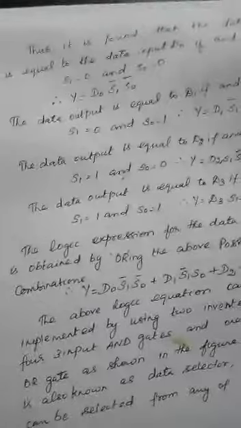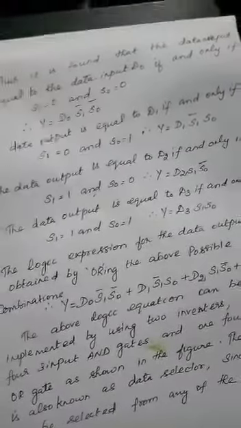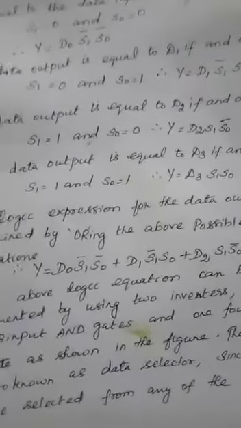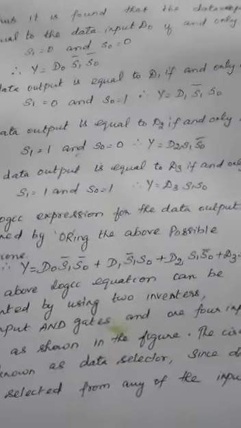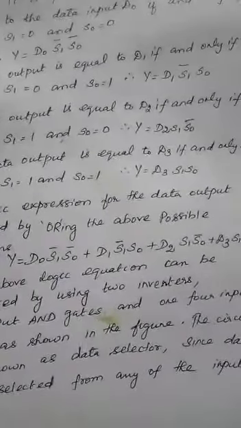The logic expression for the data output is obtained by using OR gate, that is ORing the above possible combinations. Therefore we have Y is equal to D0 S1 bar S0 bar plus D1 S1 bar S0 plus D2 S1 S0 bar plus D3 S1 S0.